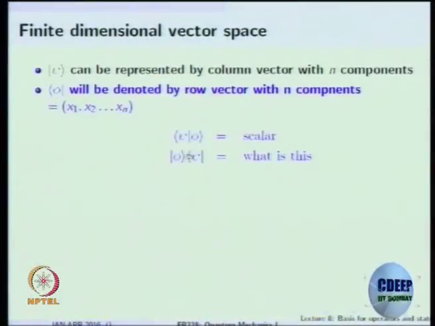Earlier we called the first one an inner product. The outer product is going to give you not a scalar, but a matrix. If the vector space is n dimensional, then it will be an n cross n matrix. So in some sense, in the Dirac notation, the outer product can be treated like an operator, which can be represented by n cross n matrices.